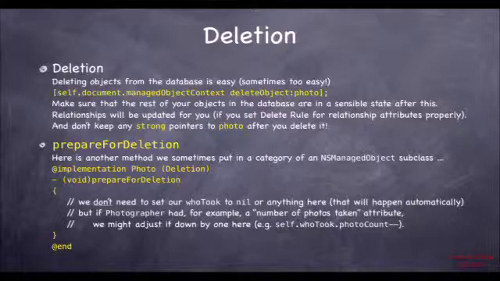One other thing to be careful of when you delete an object: generally you don't want to keep a strong pointer to that object anymore, because it'll be deleted from the database. It'll still be there, you'll have a pointer to it, but it'll be in a deleted state. It won't fault data in. If you ask for attributes on it, you're not going to get data, things like that. So generally, you want to not have any strong pointers to things you deleted.